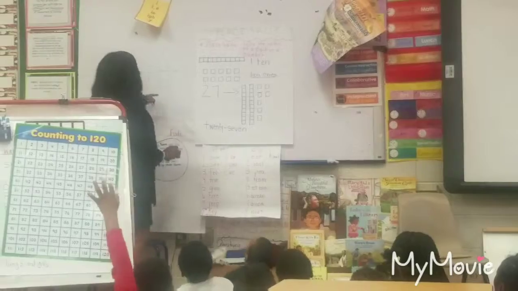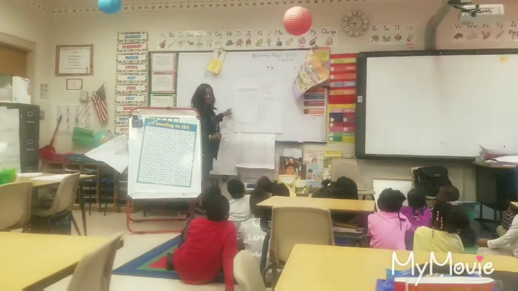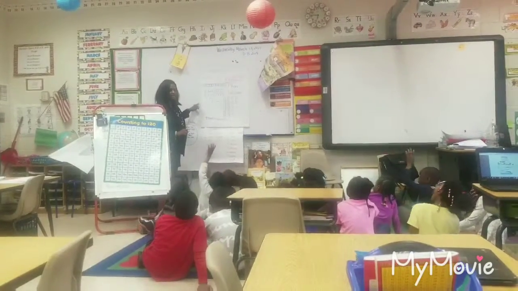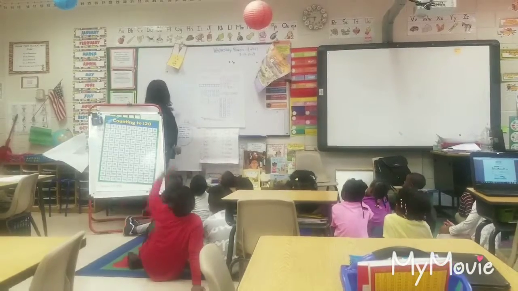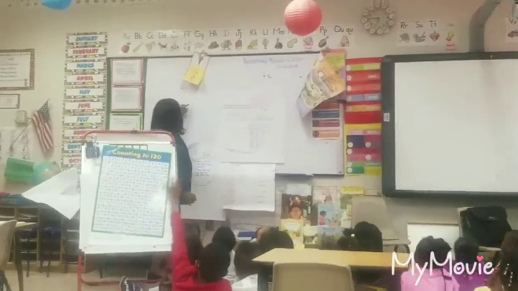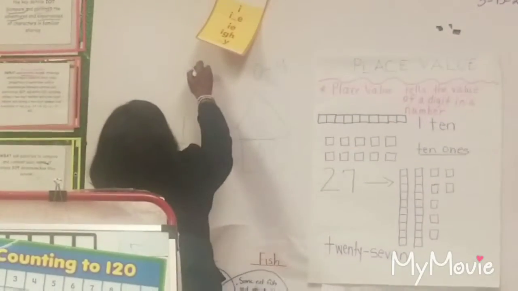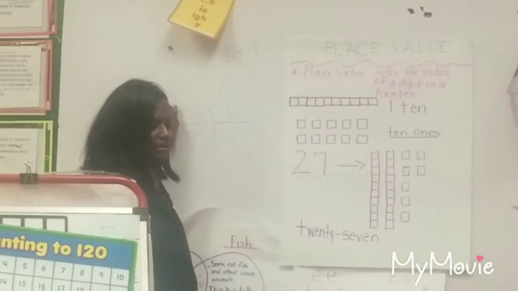How many ones can stay in this house? Up to how many numbers? 0 to 9. Okay? And how many numbers can live in the tens house? 10 to what? 10 to what number?